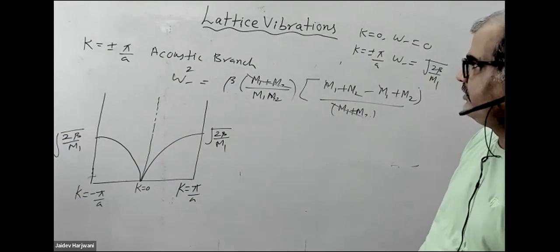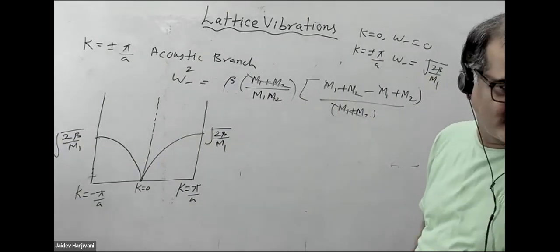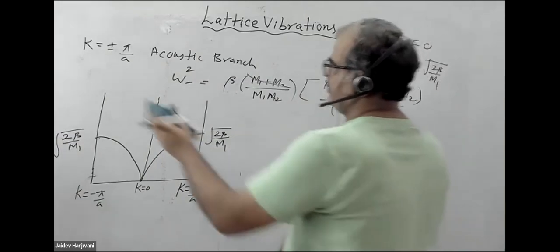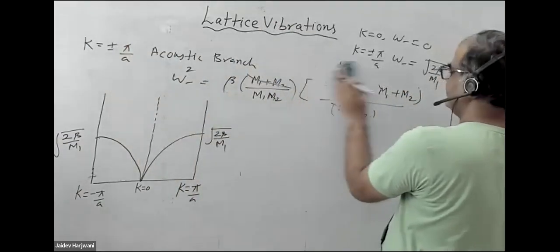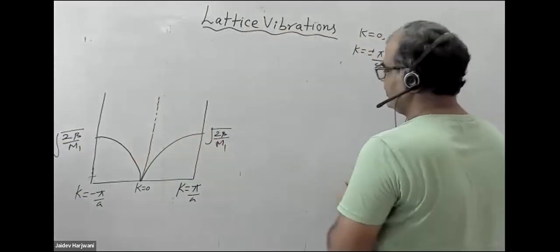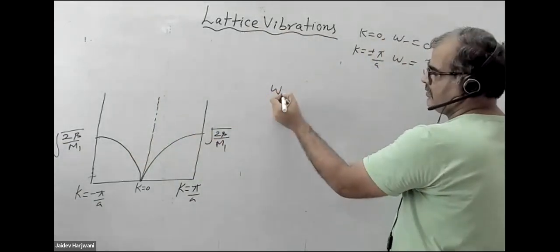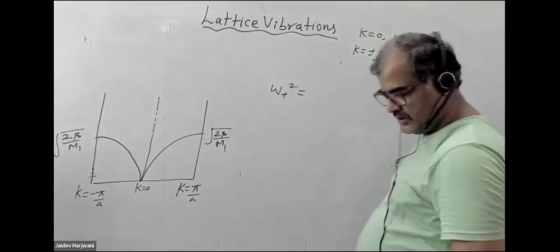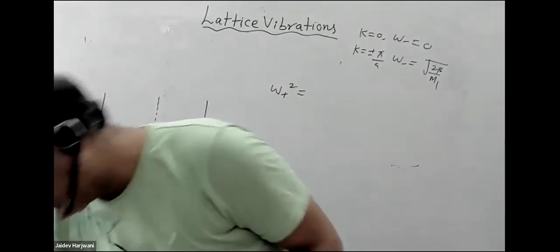Now we have to calculate this for the next, omega plus, the optical branch. So I'm erasing this one. The same we can write for omega plus square. What is the expression for omega plus square?